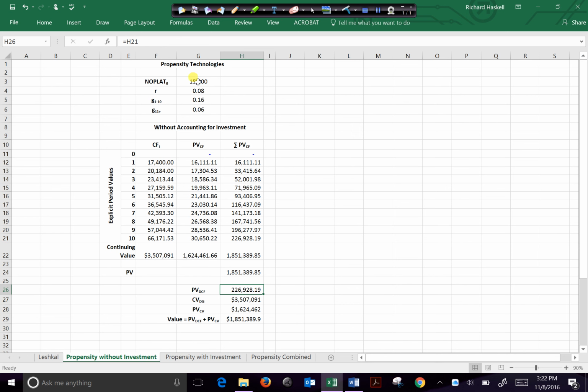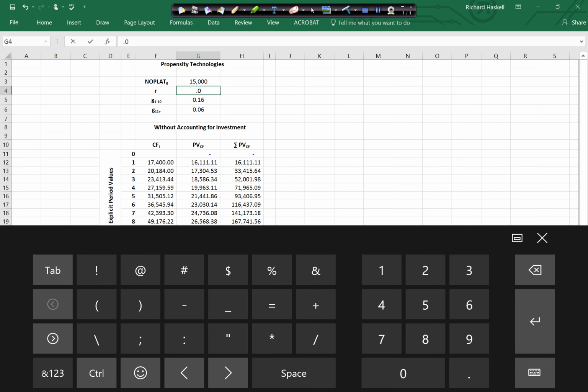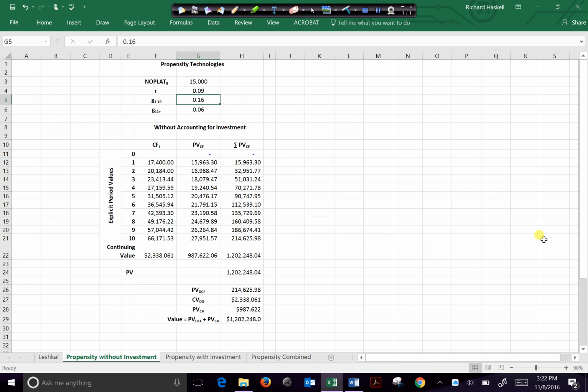That's because I put all my variables up here in a little table, and then these cells simply pull from these variables, such that if I decided, what does this look like at a 9% rate, I can go ahead and say, let's make that 0.09, and it's going to change all of the numbers.